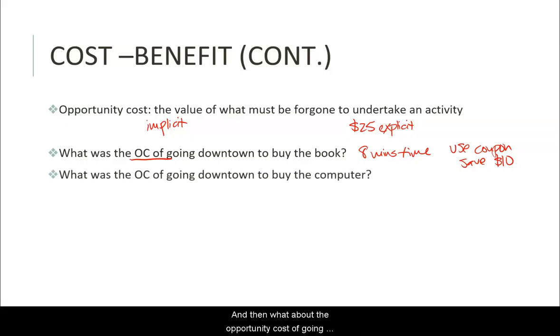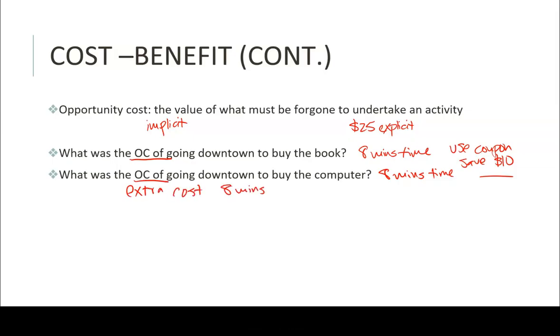And then what about the opportunity cost of going downtown to buy the computer? Also 8 minutes of your time to save $10. So we have the same extra cost of 8 minutes, and we have the same extra benefit of $10.